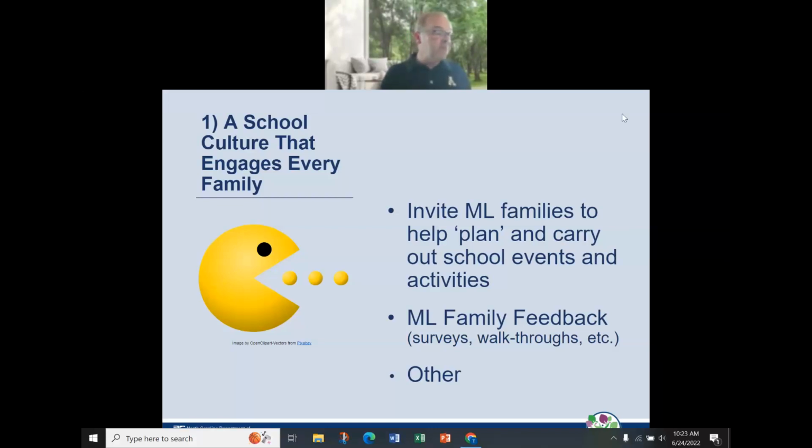And there's also opportunities to get multilingual family feedback. So we could use surveys or walkthroughs or focus groups with our multilingual families to find out how they feel about being engaged in our schools.